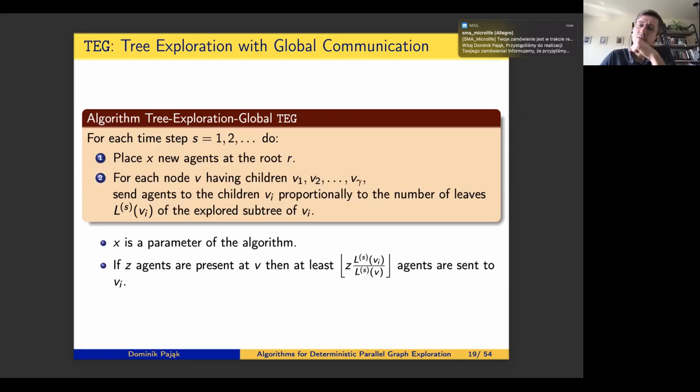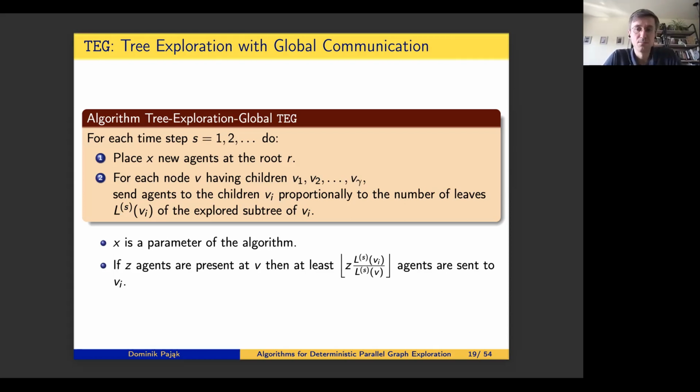And how to do it is as follows. We assume that the agents appear in the root in some waves, let's say, of certain size x. And whenever we have a choice to split the agents, we split them proportionally to the number of leaves of the subtree. So first of all, assume that we are exploring trees.